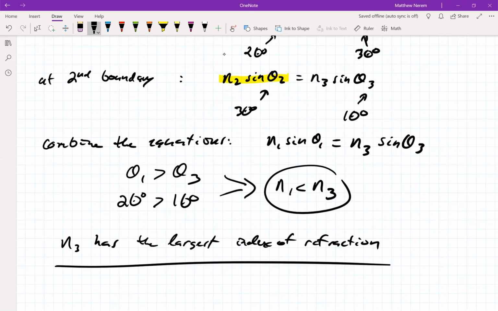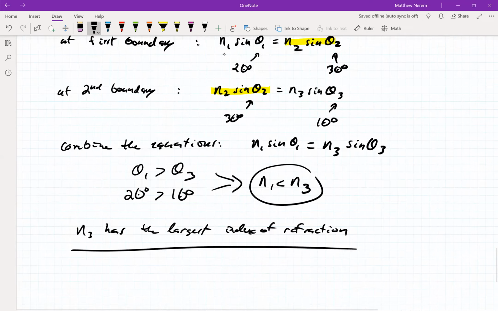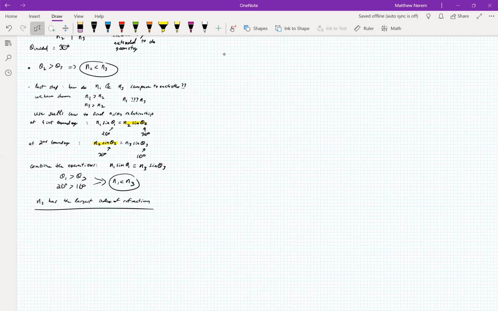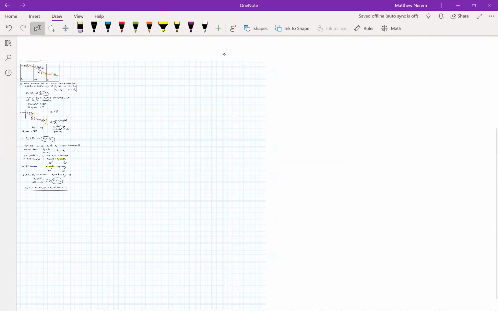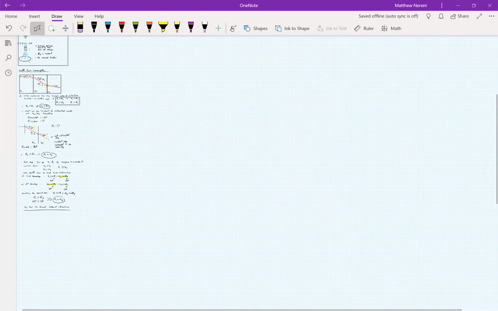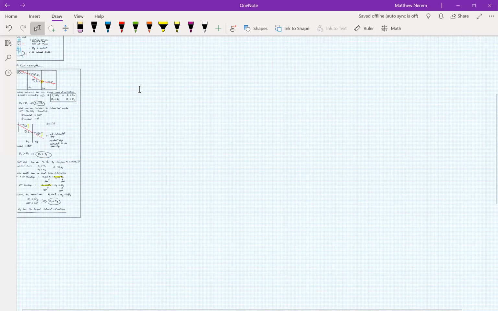Let's see here. Geometry practice. I'll box this one in. And let's come back.